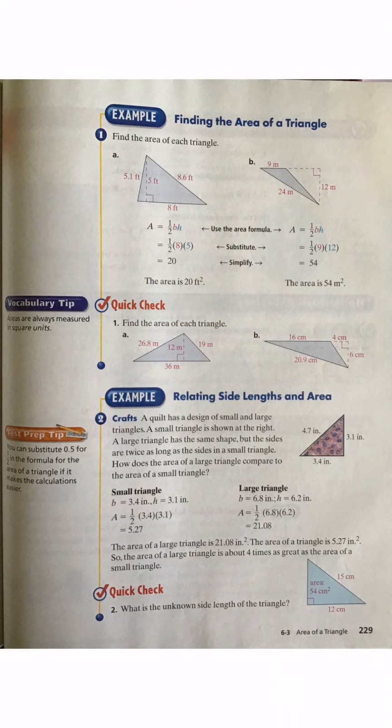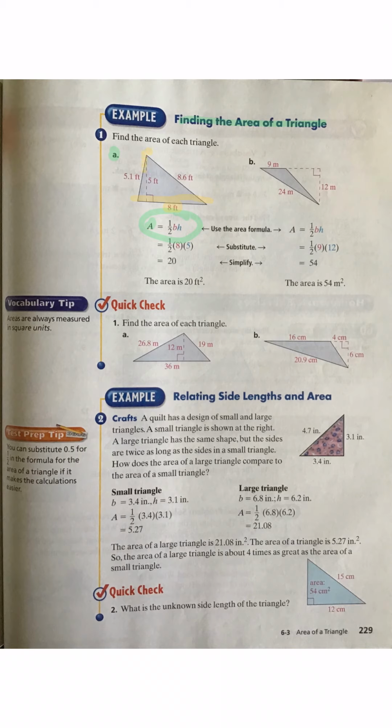Let's look at an example. Finding the area of a triangle. So A, we want to come up with the formula. Area equals half the base times the height. Well, the base equals 8 feet. We look at the vertex.